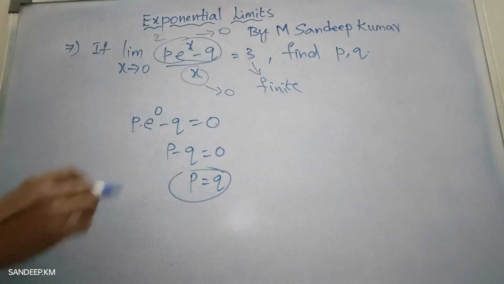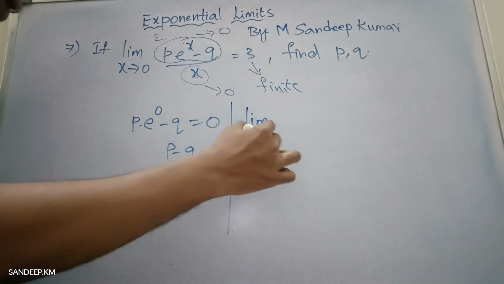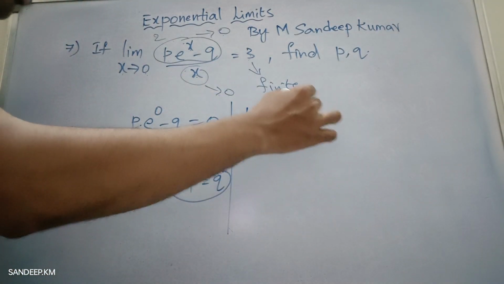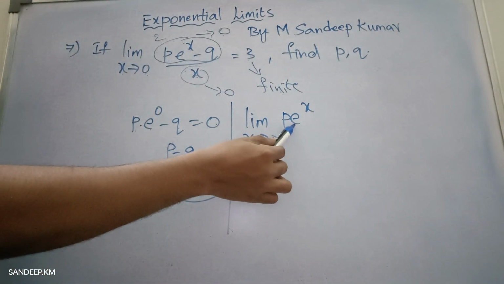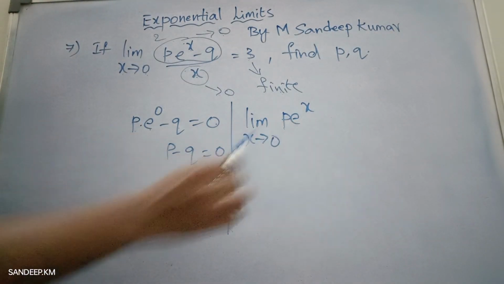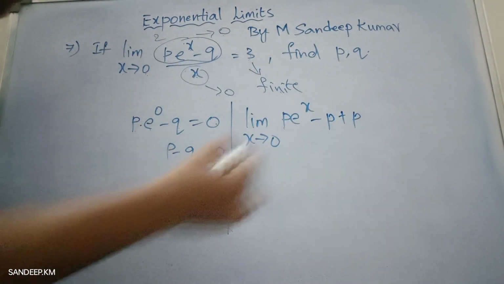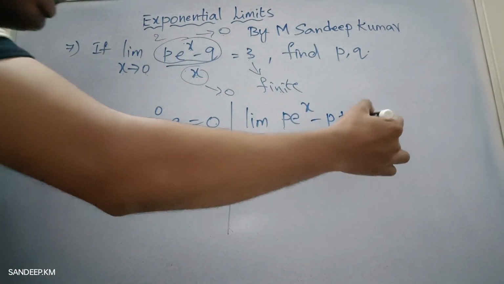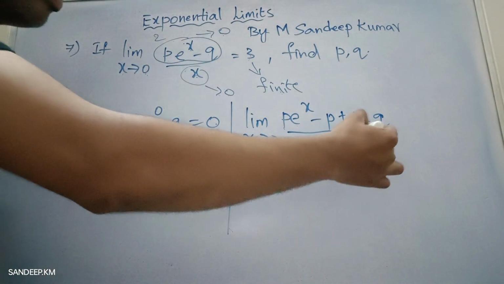Next, after this, see here. Limit x approaches 0, p into e power x. Somehow I should convert it into p into e power x minus 1. For that reason, I'll subtract p and I'll add p. And already we have minus q. Next, the common denominator is x.